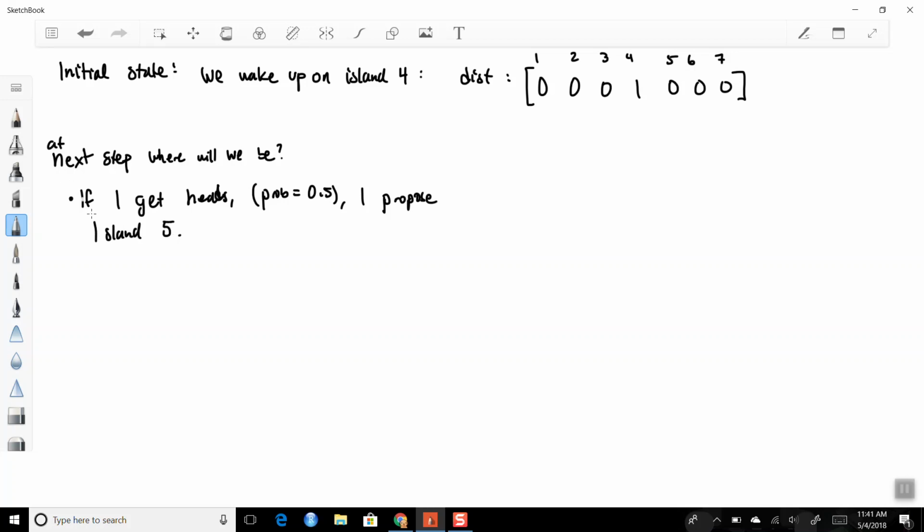Okay, and if I propose island 5, I will for sure go to island 5 because island 5 has a larger population. Okay. So we will end up at island 5 with a probability of 0.5.